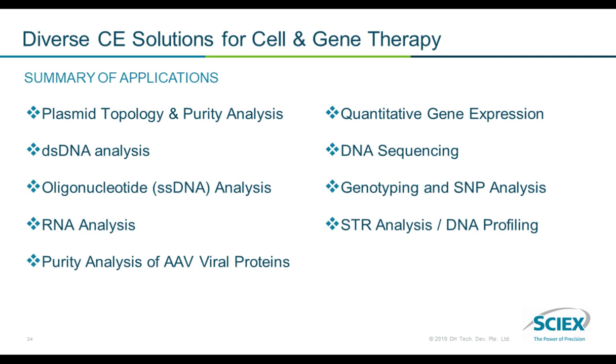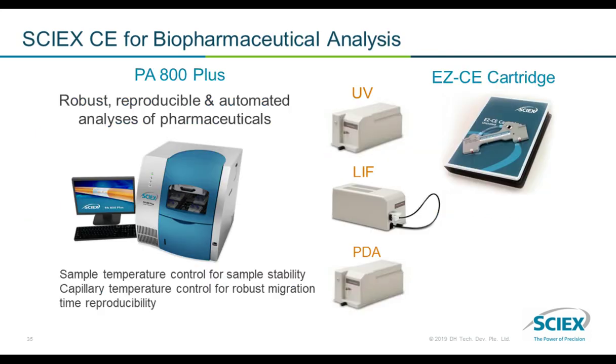We can analyze RNA for purity determination. We can do purity of AAV viral capsid proteins. And using GeXP, you can do quantitative gene expression, DNA sequencing using Sanger sequencing, and genotyping and SNP analysis. You can do STR and DNA profiling.